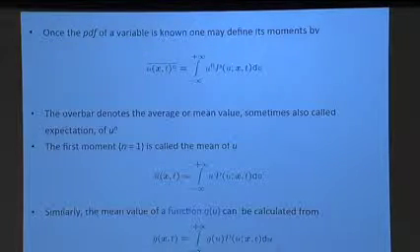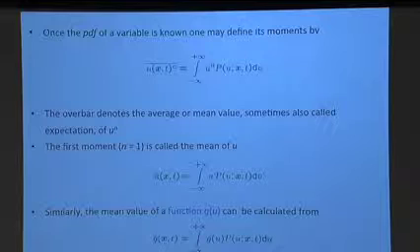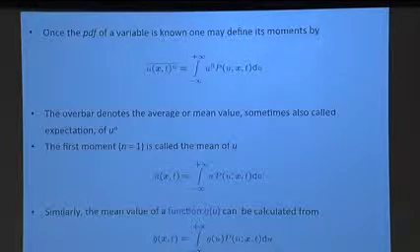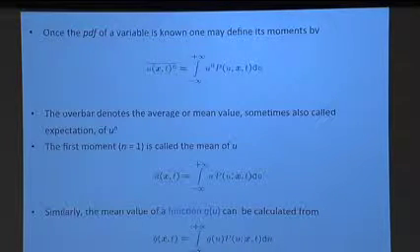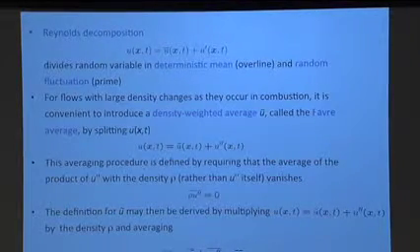The first moment is just the mean, the expectation, or the average, whatever you want to call it, and we denote the average with this overline. If you have a function of u and integrate it with the PDF, you also get the mean of that function.